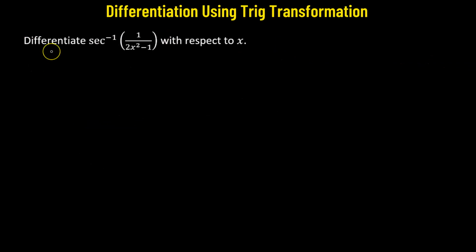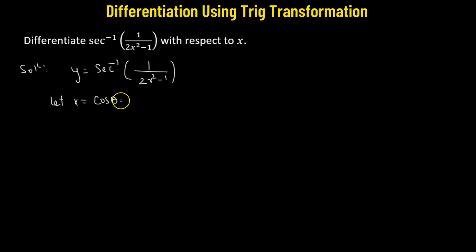So here we need to find the derivative of secant inverse of 1 over (2x squared minus 1). So let us consider y to be equal to secant inverse of 1 over (2x squared minus 1). We'll simplify the expression on the right hand side by taking x to be equal to cosine theta, such that our expression 1 over (2x squared minus 1) becomes 1 over (2 times cosine squared theta minus 1).